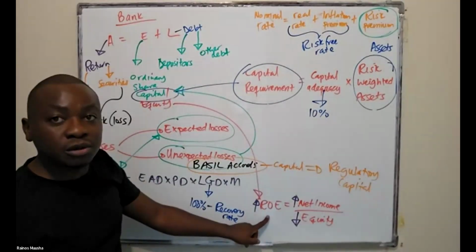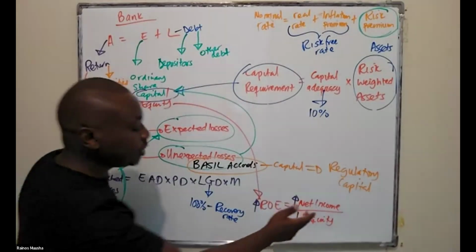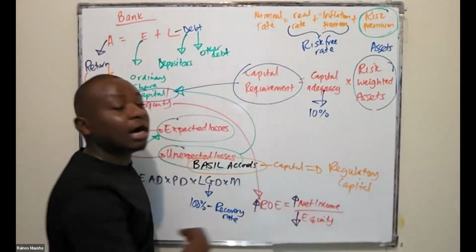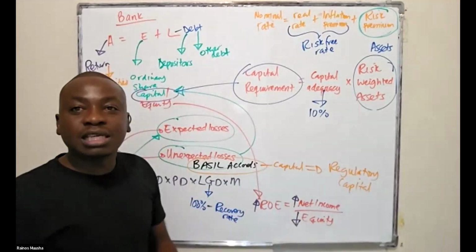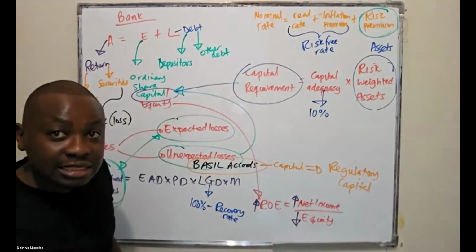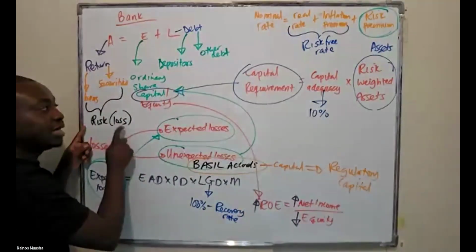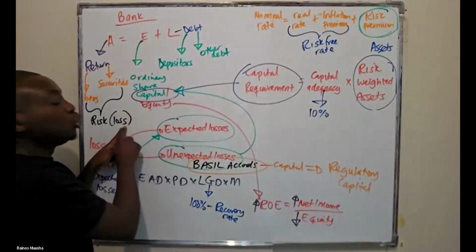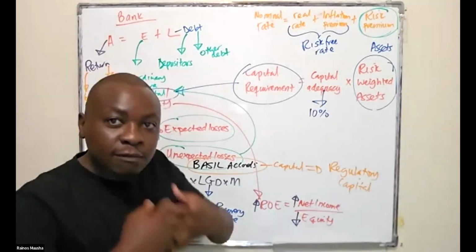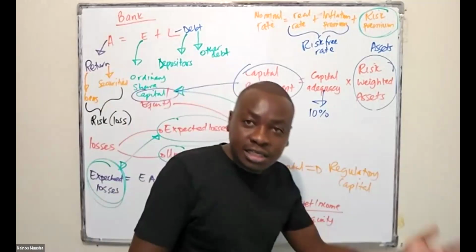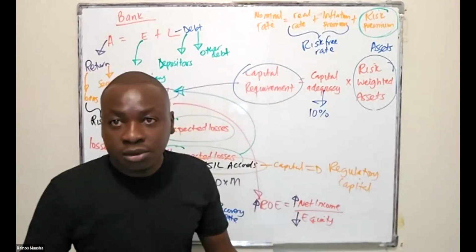So to improve the return on capital, it means as a bank, we need to have a lower amount of capital. If we have a low amount of capital, we are also running the risk that if there are going to be losses, we might not have enough capital to absorb them. So there's always going to be a friction between regulatory capital and economic capital.